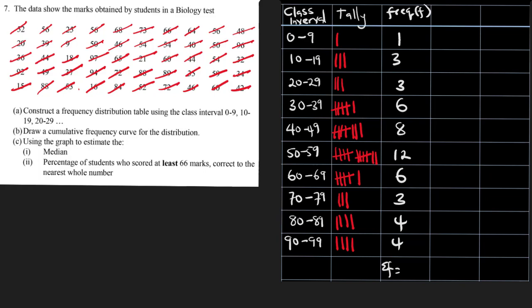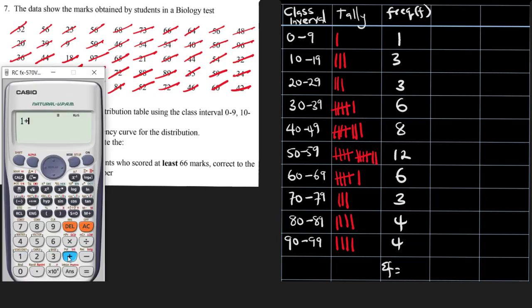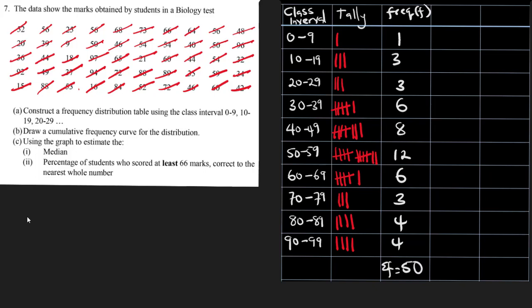Summation F is equal to 1 plus 3 plus 3 plus 6 plus 8 plus 12 plus 6 plus 3 plus 4 plus 4, which is equal to 50. So the total frequency is 50.